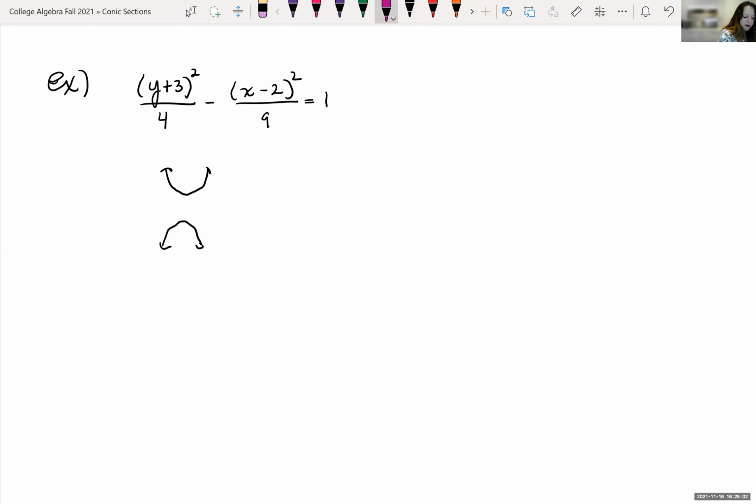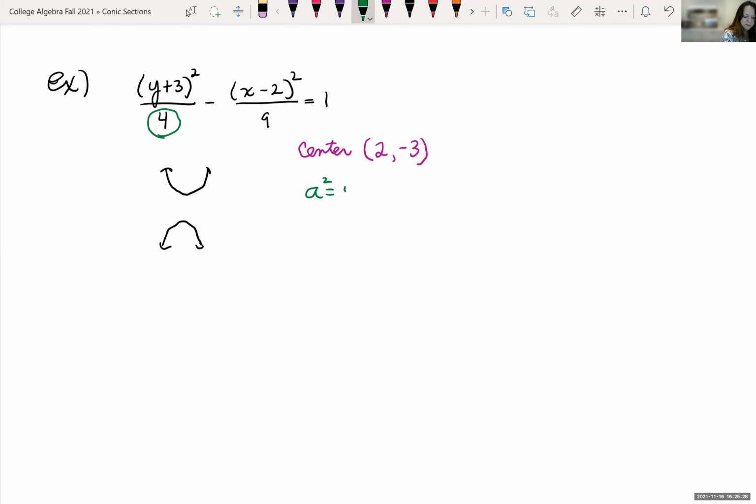So I can also tell what my center is. The h value is always with the x, opposite sign. So it's x minus 2, so my h value is positive 2. My k value of my center is negative 3. A squared is always with the positive.